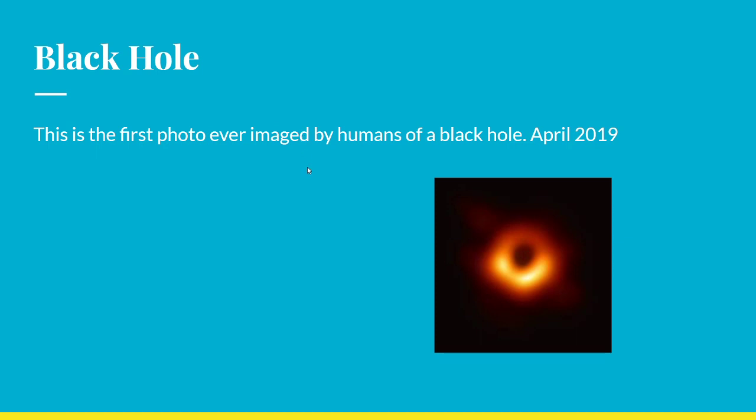And this is actually the first photo ever imaged of a black hole. It's taken April 2019. It's the first real image. And so you see here, that might be the center of the black hole. All of this is where a bunch of dust and gas is falling into the black hole. As it falls in, gravity is so intense that it heats up and emits light.